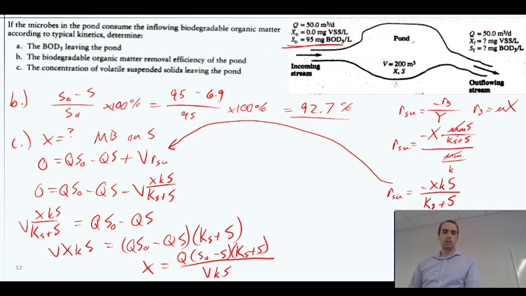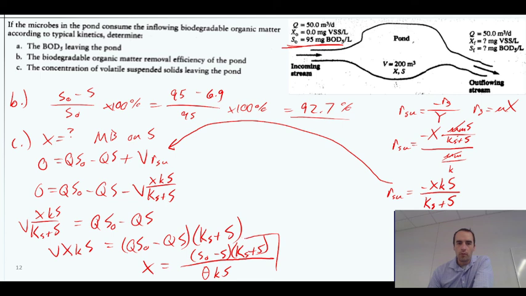I'll divide the top and the bottom by Q, so V over Q becomes theta. Okay, so then we have that term as well.